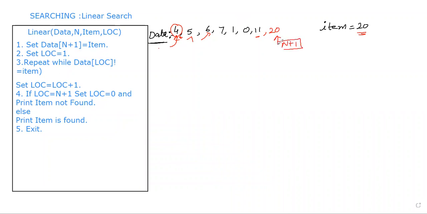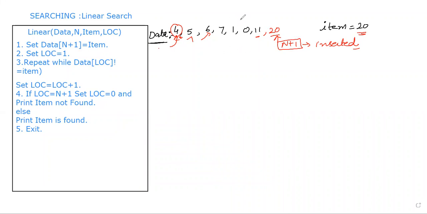N plus 1 is the location where we have inserted the item we are trying to find. That is another strategy which is followed in many cases. So I have inserted the element 20 at the n plus first place.